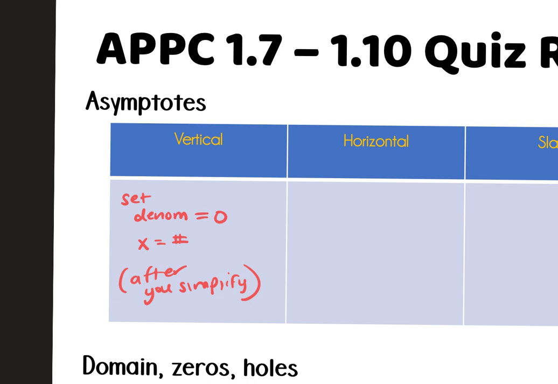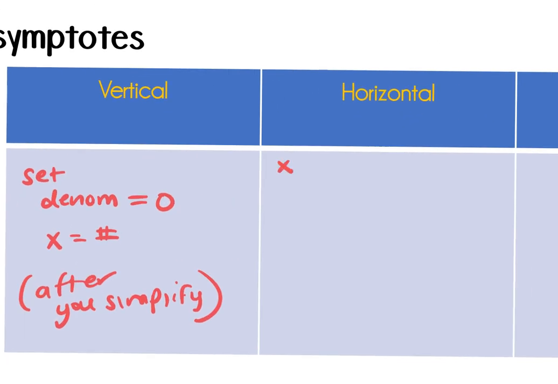Your horizontal asymptote has 3 scenarios. So the first thing you're going to do is figure out what the highest exponent in the numerator is. That's your n. The highest exponent in the denominator, that's your m. If n is less than m, then your horizontal asymptote is y equals 0.